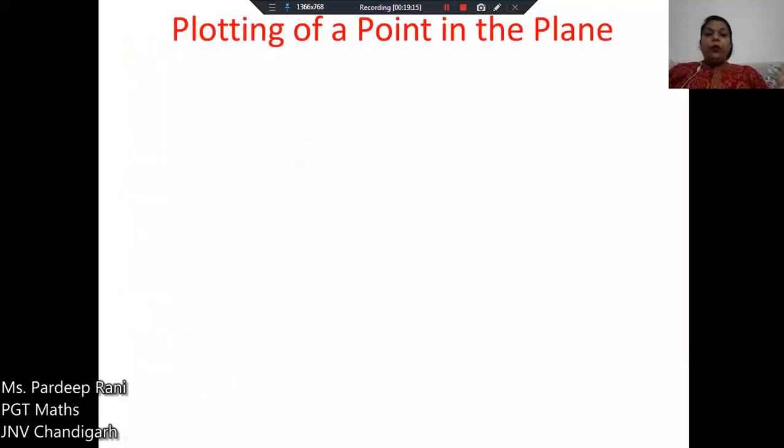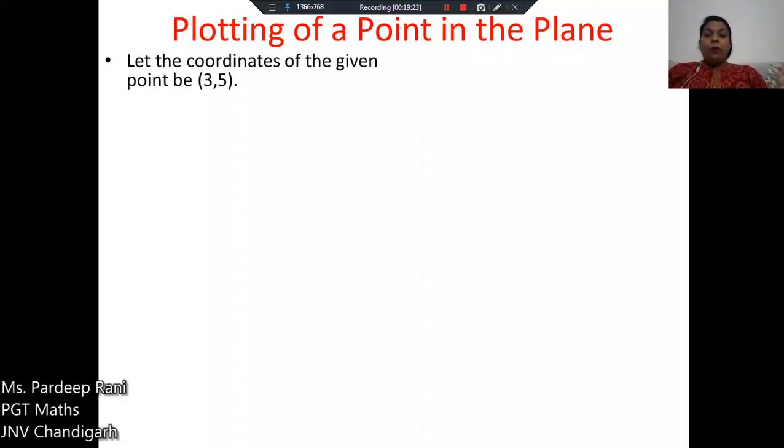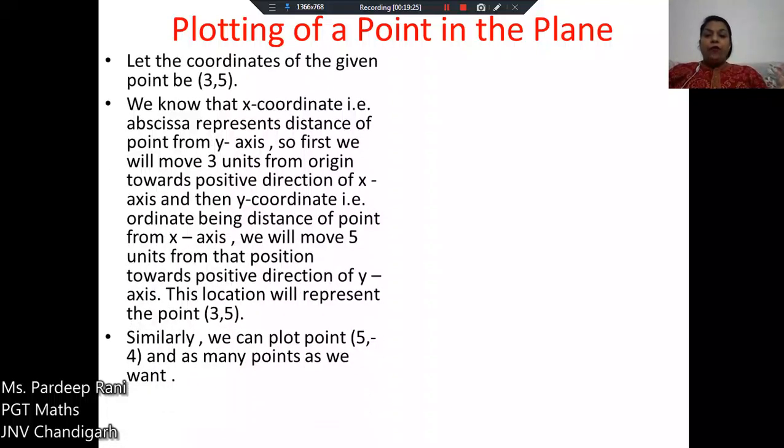Now we are going to learn about the plotting of a point in the plane. Let the coordinates of the given point be (3, 5). We know that the x-coordinate, that is the abscissa, represents the distance of the point from the y-axis.